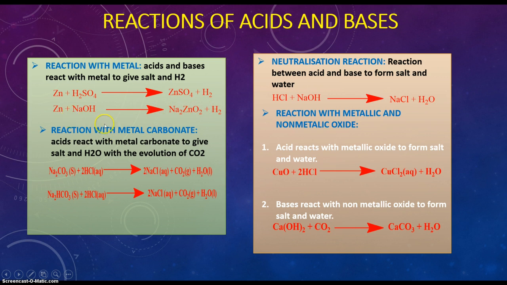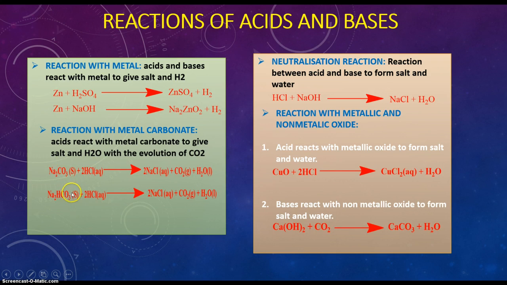Again, acids generally react with metal carbonates to give salt and water with the evolution of carbon dioxide. For example, sodium carbonate is a carbonate salt that reacts with an acid like hydrochloric acid to give the salt NaCl and water, and carbon dioxide gas is evolved from the test tube. So this is the reaction of an acid with a metal carbonate like sodium carbonate.